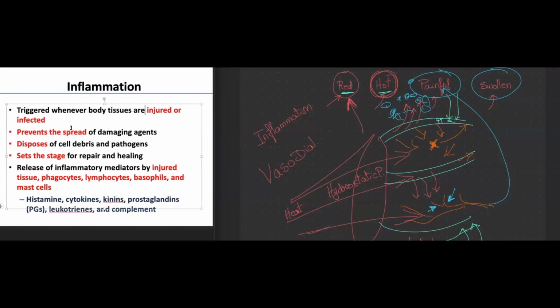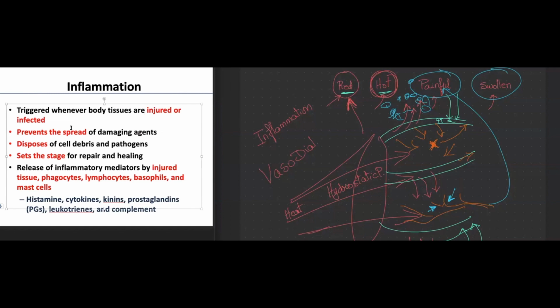It's also going to be helpful in setting the stage for the repair of the tissue to take place. Any healing process needs to start with some degree of inflammation, because I can't rebuild an injured tissue relying on the normal amount of blood that gets delivered to this tissue.